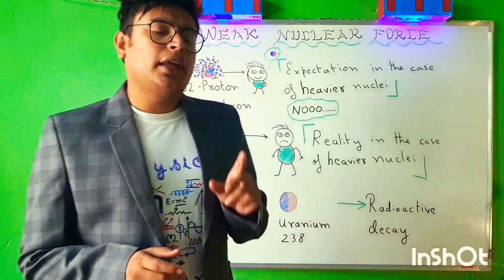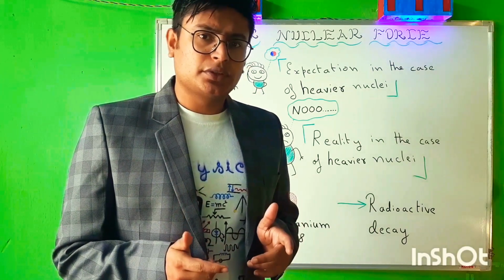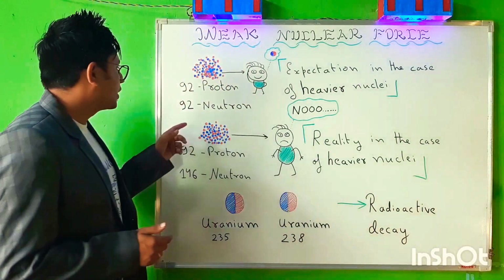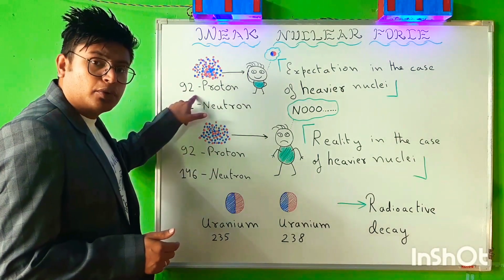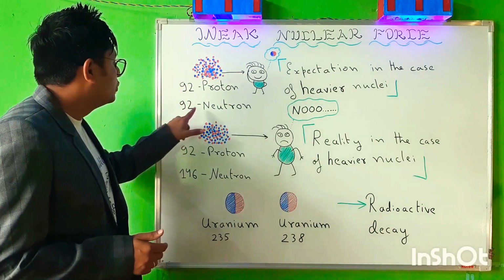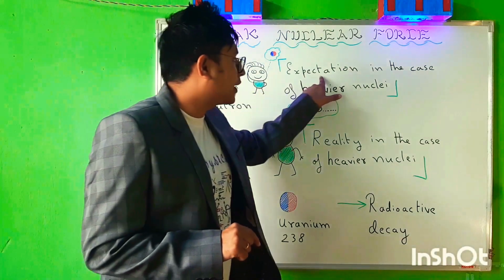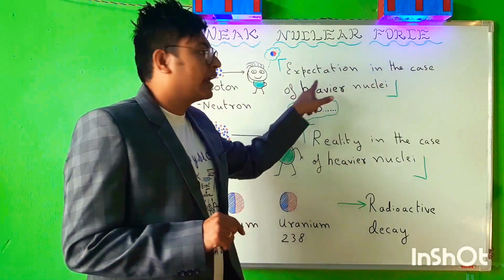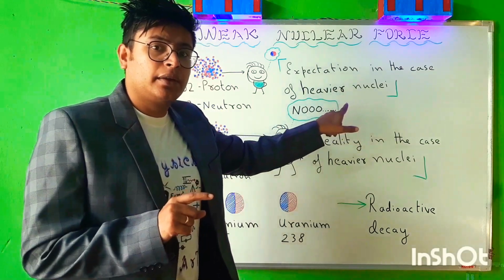Again, when I apply this simple way of thinking to a heavier nucleus with 92 protons, I should have 92 neutrons in the nucleus. This is my expectation in the case of heavier nuclei, just like in lighter nuclei.